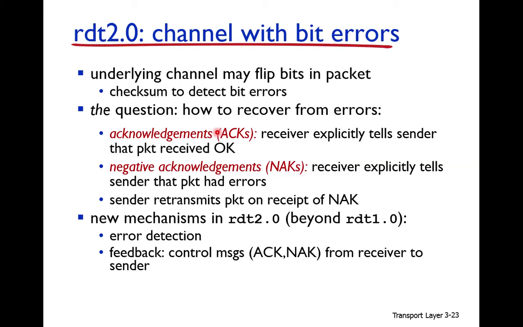If the receiver receives the data without bit error, it sends an acknowledgement. And if the receiver receives the data with bit error, then the receiver discards the data and sends a negative acknowledgement to the sender. When the sender receives the negative acknowledgement, the sender, which has already stored one copy of the packet, retransmits the packet.